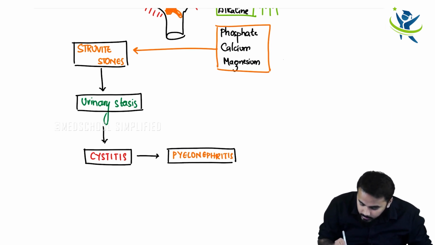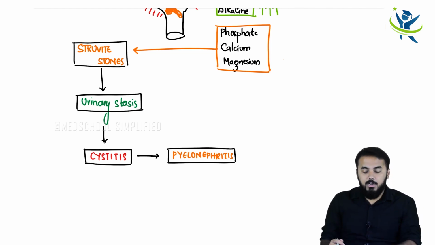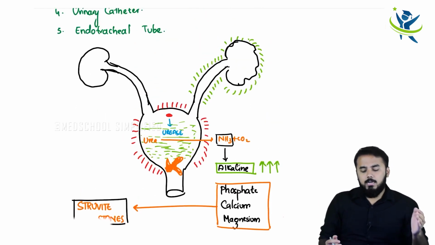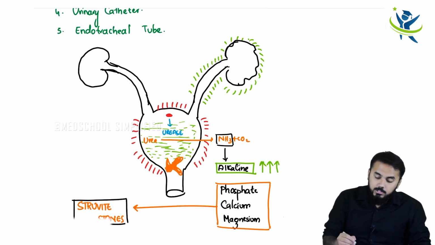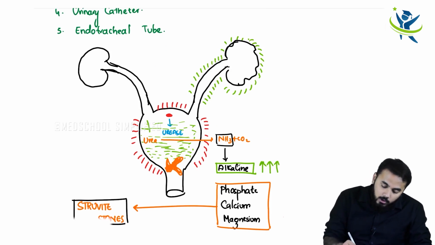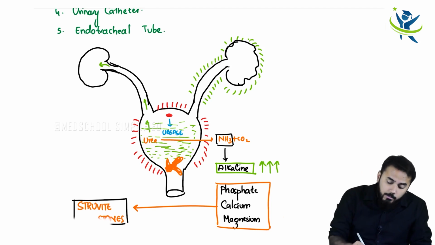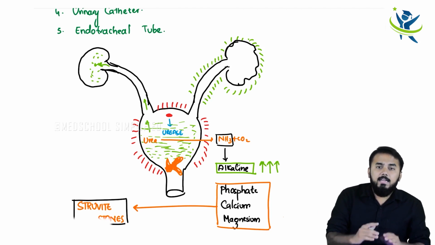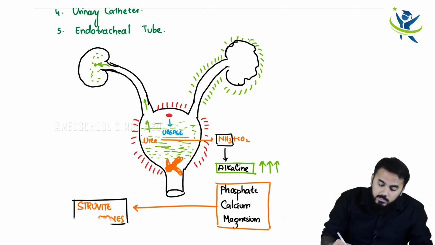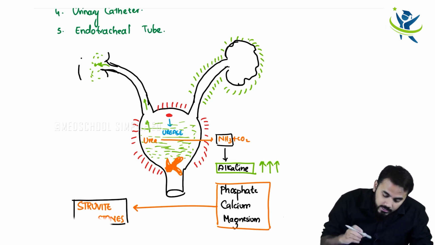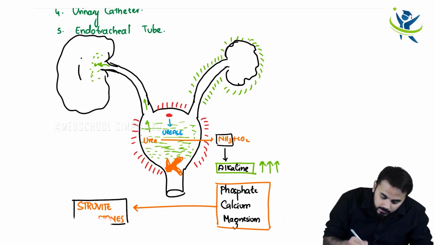What other thing can happen to the patient? If you are still not treating this condition, this alkaline urine will go back into the ureters. Obviously, it will inflame the kidneys leading to pyelonephritis, but this urine stays within the kidneys leading to enlargement of the kidneys. So when you look at the picture, the kidneys look like this. They are enlarged like this.